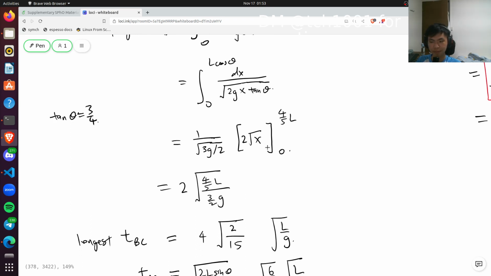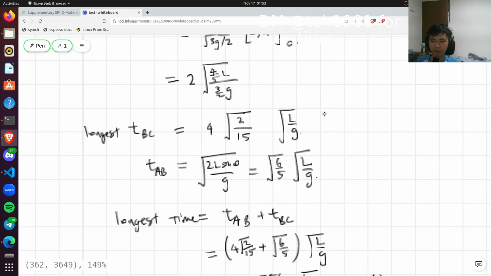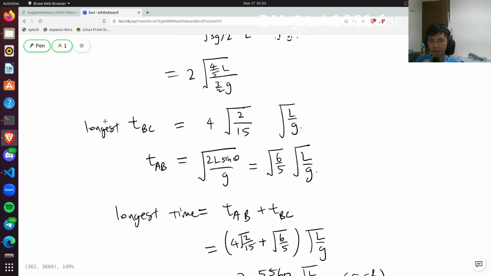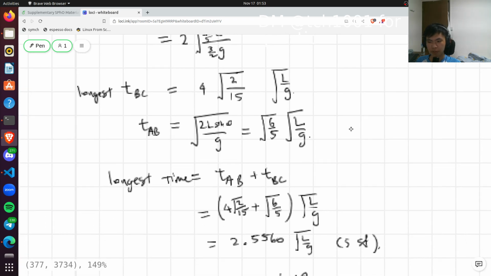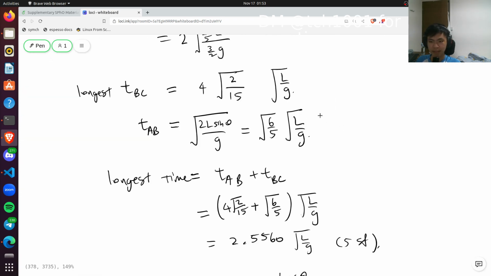So we integrate it, we get this, and substituting the endpoints using the fact that cosine theta is equal to 4 over 5, when we evaluate the integral, we get this. And simplifying it down in terms of surds, we get the longest time to travel BC is 4 square root 2 over 15. So remember this number, because we're going to derive this answer soon in another way.